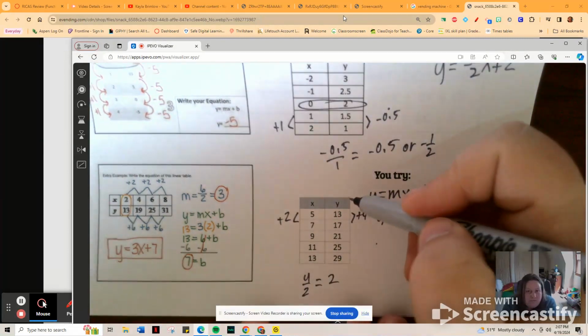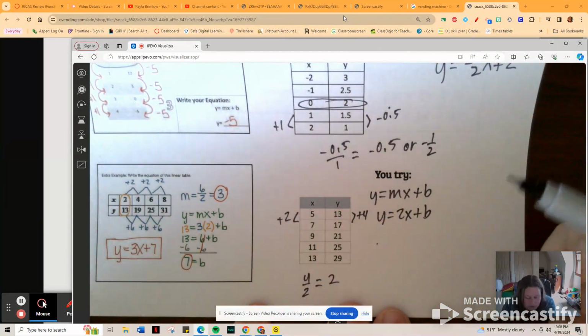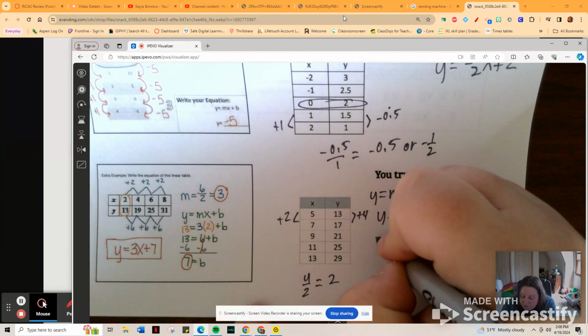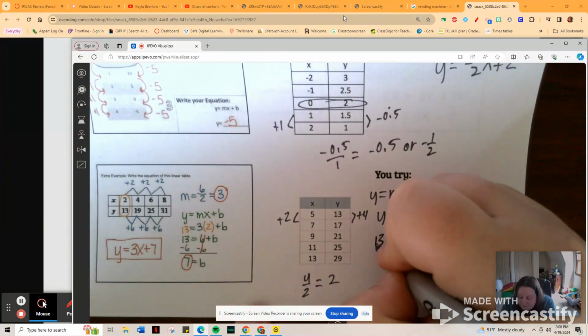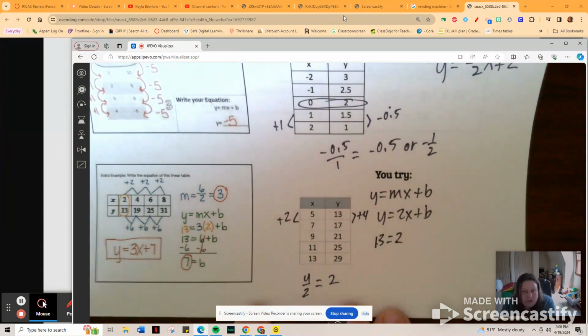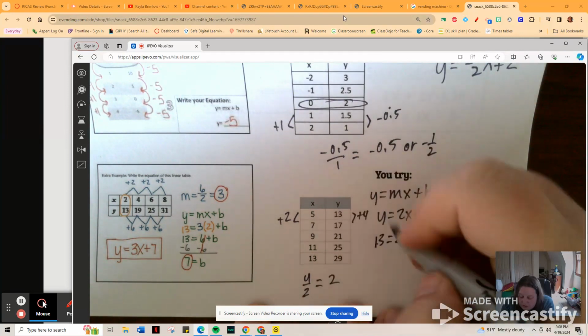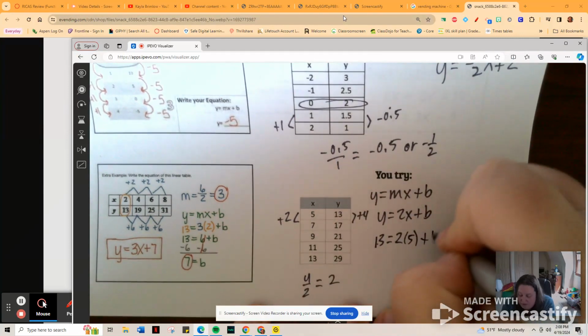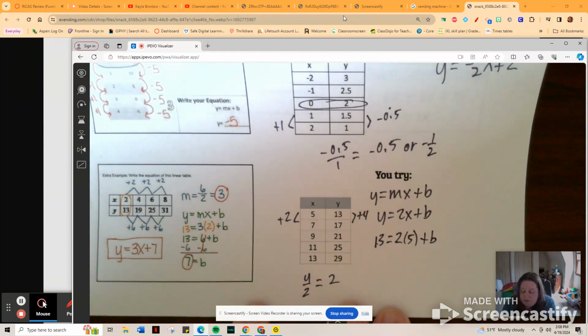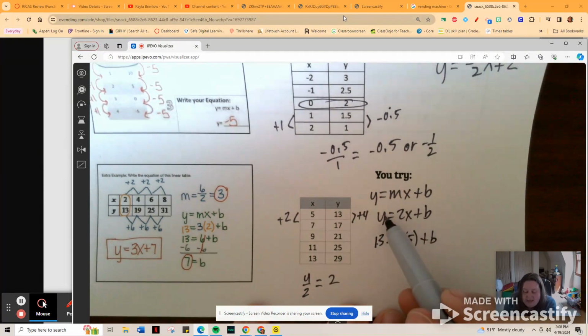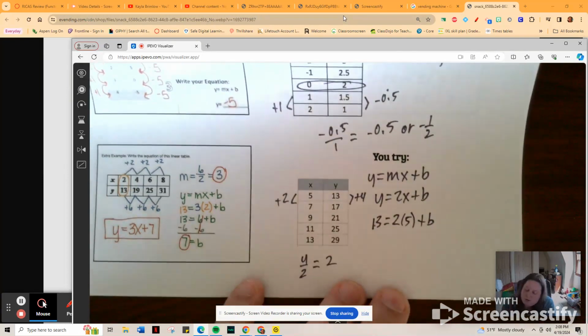I'm going to use 5 and 13 because those are my smaller numbers. So we're going to change y to be 13. We're going to keep the 2 because that's our slope. We're going to change x to be 5, and then we're leaving b because we don't know what it is. So all I've done is replaced x and y with one of my ordered pairs, and it doesn't matter which ordered pair. Once again, I just used the first one.